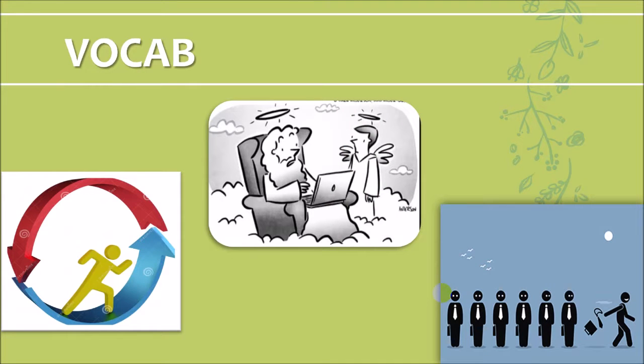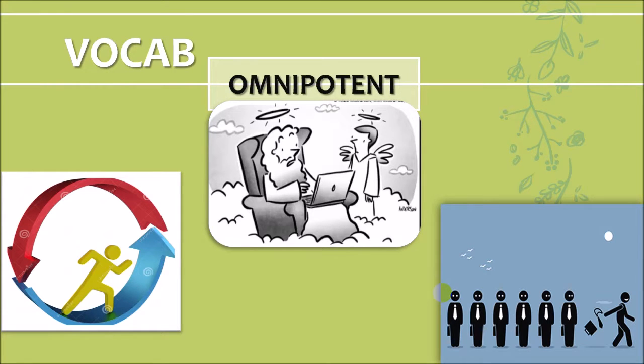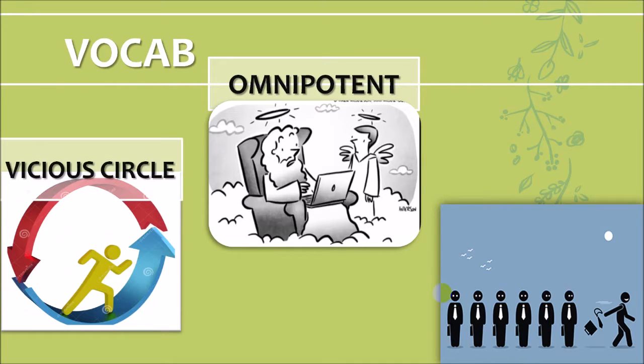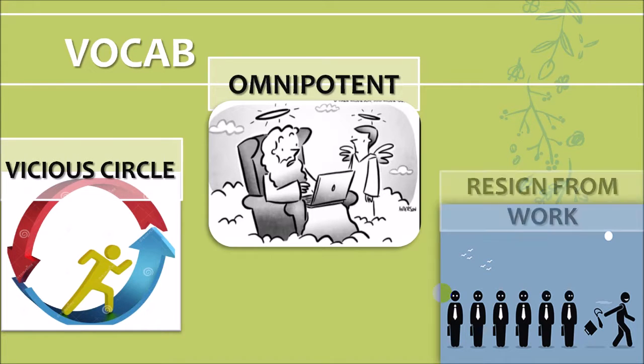And now it's your vocab after these videos and activities. We have some new vocabulary such as omnipotent, as I have said before, like God, okay? The vicious circle, that means a circle that never stops, right? Next, we're gonna have resign from work, quit one's job.